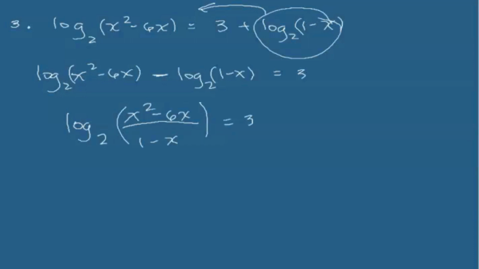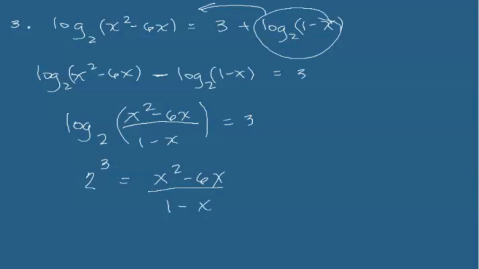So now it's in a single logarithm. We can change this to exponential form. So that would be 2 cubed is equal to x squared minus 6x over 1 minus x.